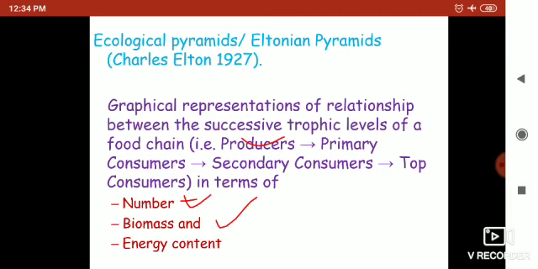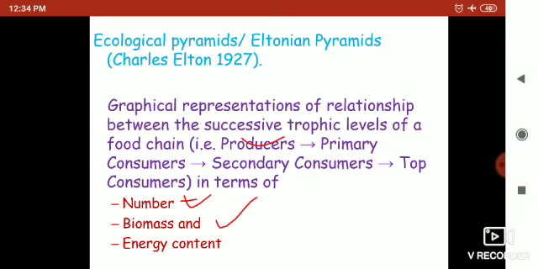You know that in case of food chains, you are having producers, primary consumers, secondary consumers, then finally top consumers. What is the relationship between these successive trophic levels of a food chain? If you are representing this relationship graphically, you are forming the ecological pyramids.